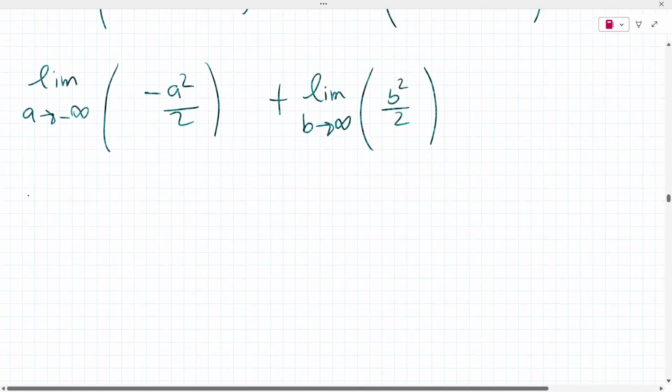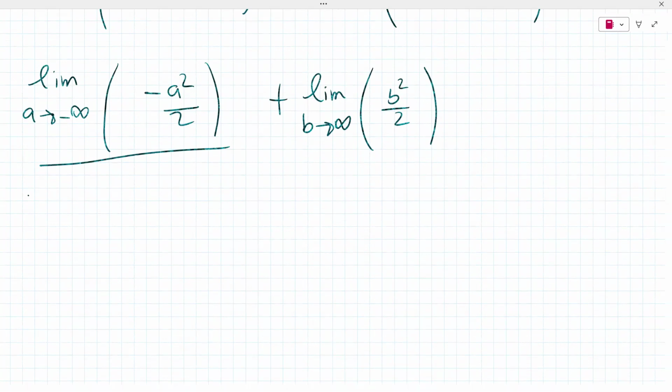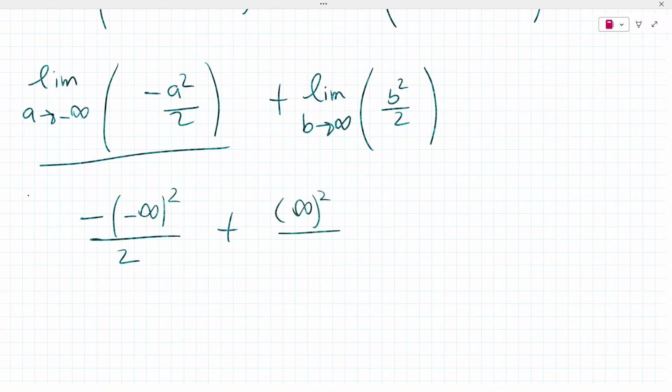Then you apply your boundary. What is the limit as a approaches negative infinity of this? It's going to be minus, and then replace a with negative infinity squared over 2, plus the limit as b approaches infinity of b squared over 2, which is infinity squared over 2.